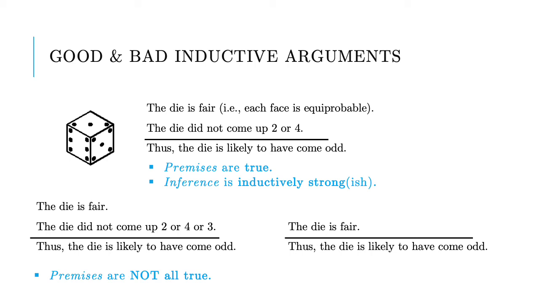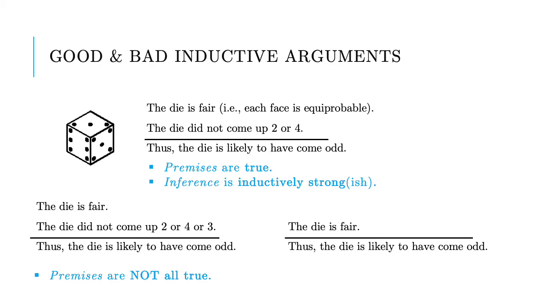Finally, we have the argument, the die is fair, thus the die is unlikely to have come up odd. Again, while the conclusion is even a reasonable inference, if you were to gamble that the die is likely to have come up odd, you would be gambling with favorable odds. However, and you would win that bet, the premises don't warrant an inference, right, to the die having come up odd.